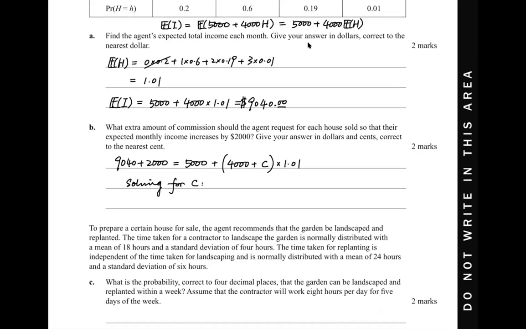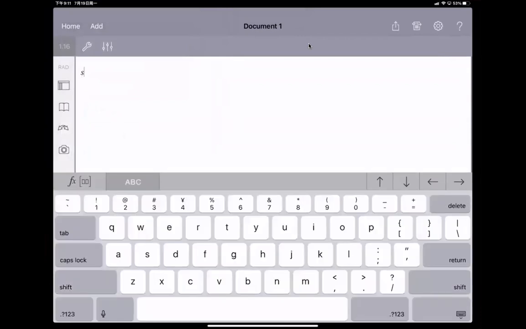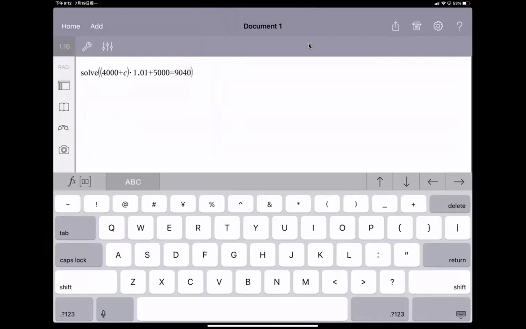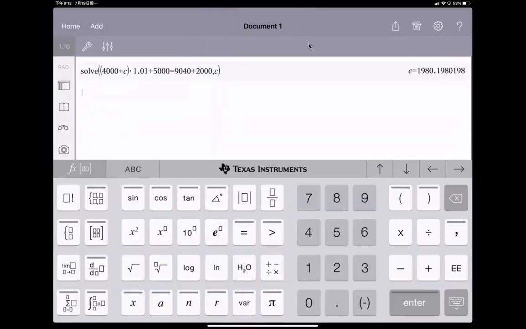Let's see what happens. Looks like I need $1,980 plus 19 cents, or actually 20 cents, because I need to round up the 8.